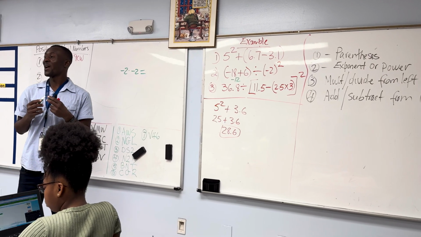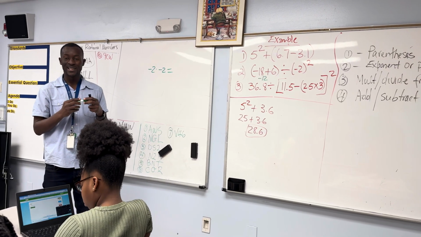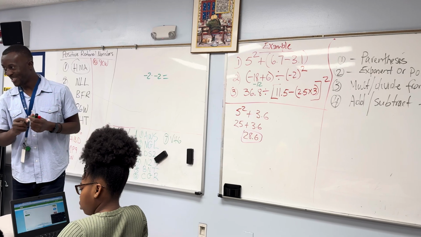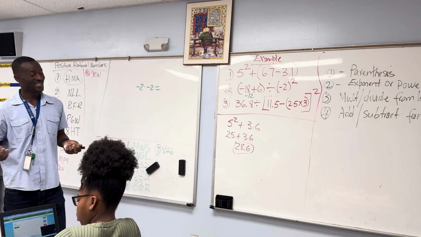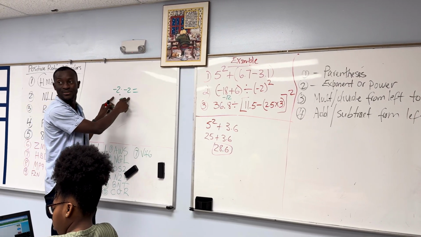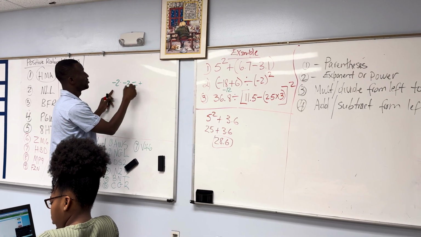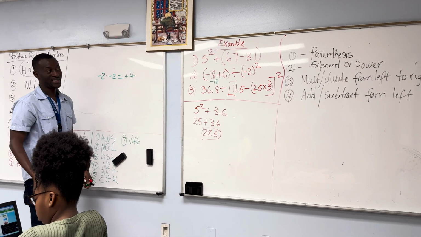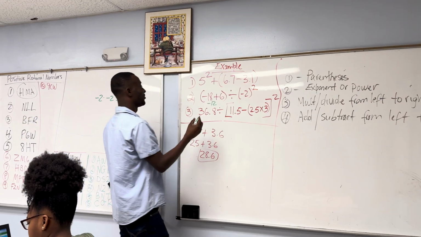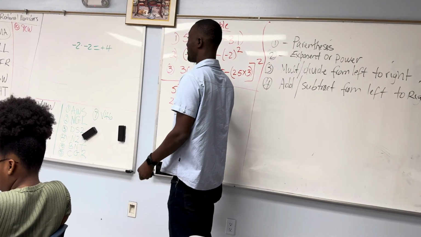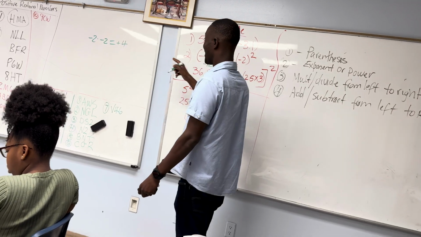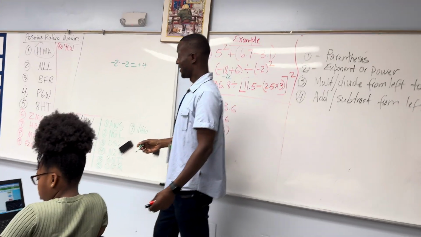When you multiply integers, same signs give you what, positive or negative? Positive. Negative times negative is positive. 2 times 2 is 4. Now you have negative 12 divided by 4.